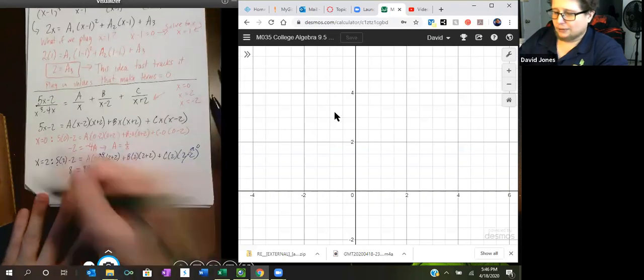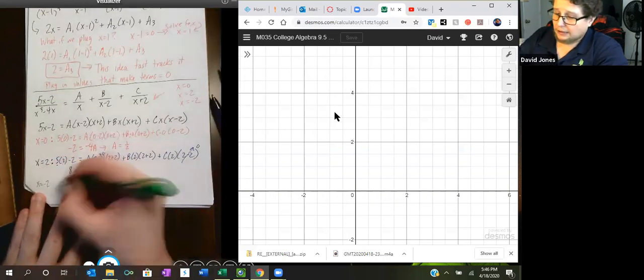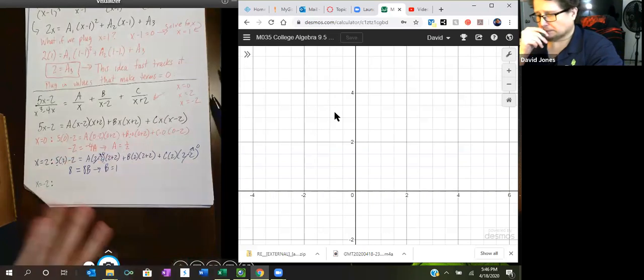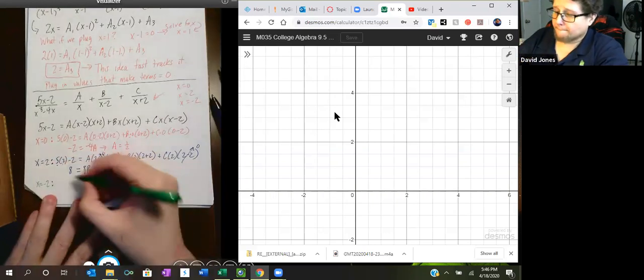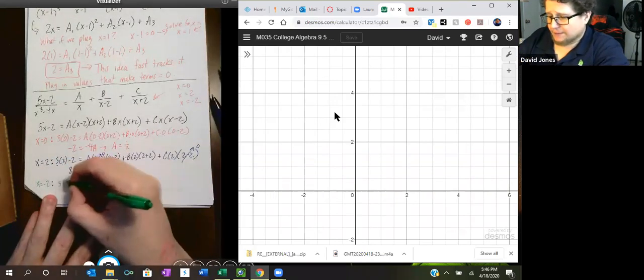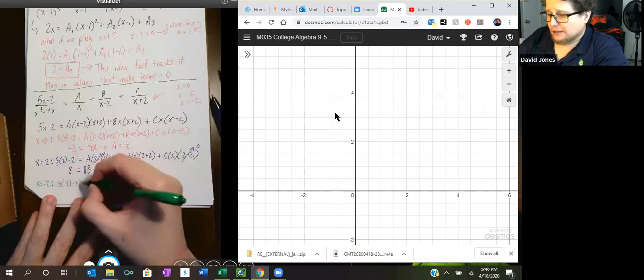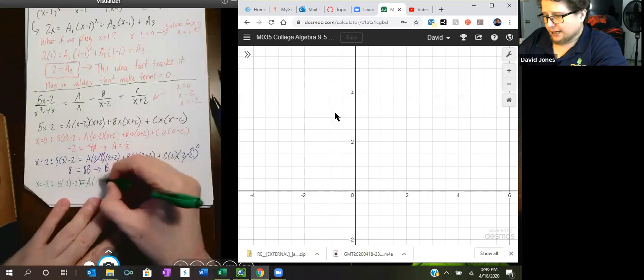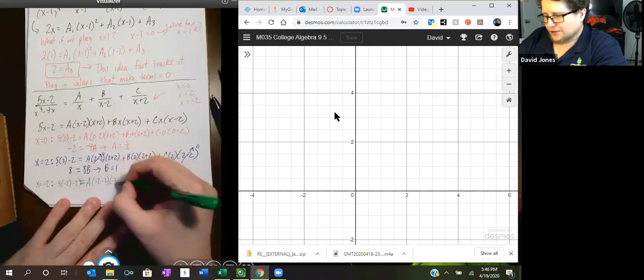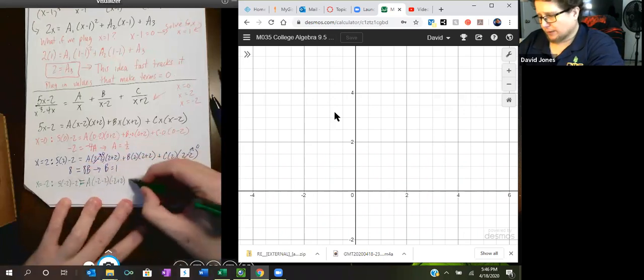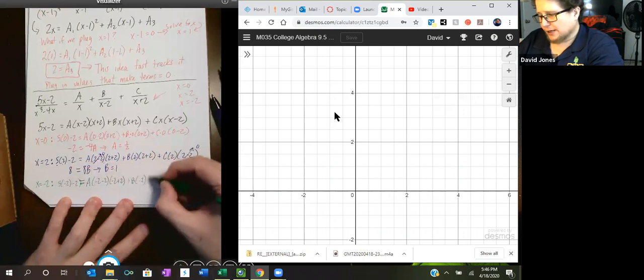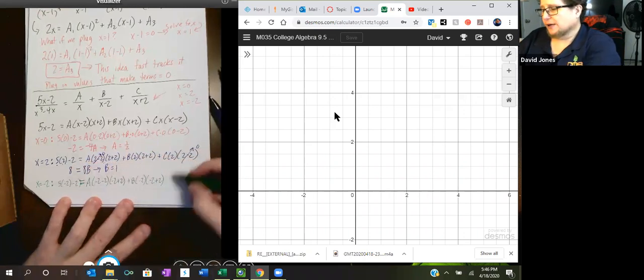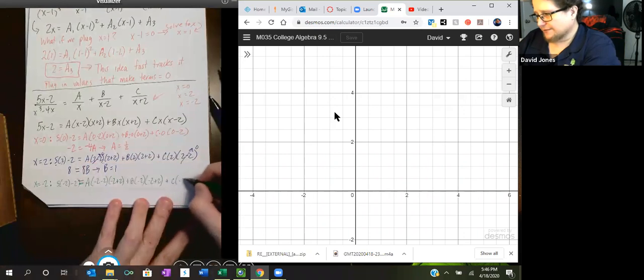And if we do x equals negative 2, 5 times negative 2 minus 2 equals A times (negative 2 minus 2)(negative 2 plus 2), plus B times negative 2 plus 2, plus C times negative 2 minus 2.